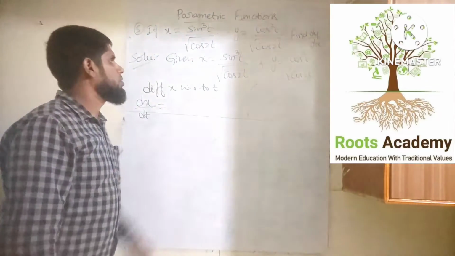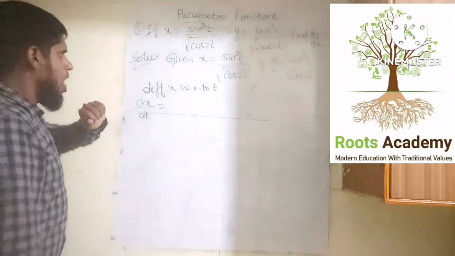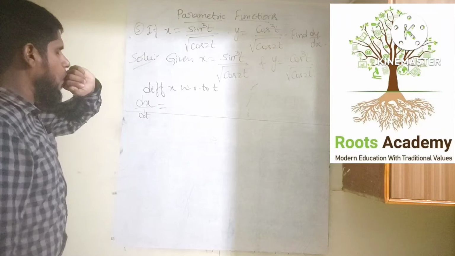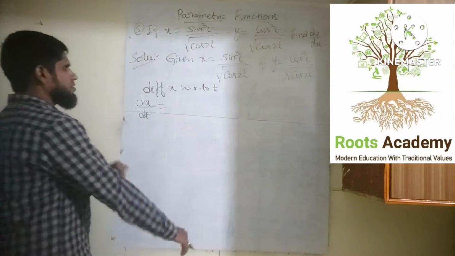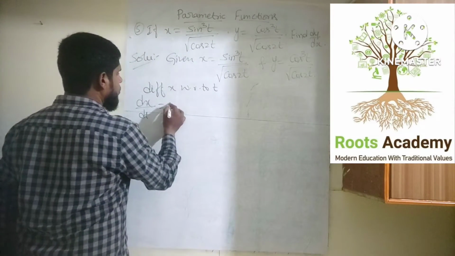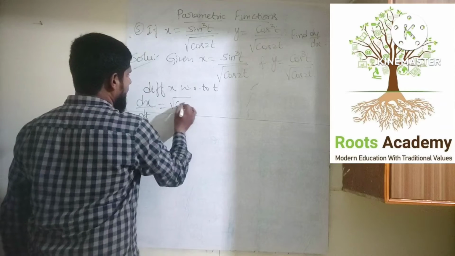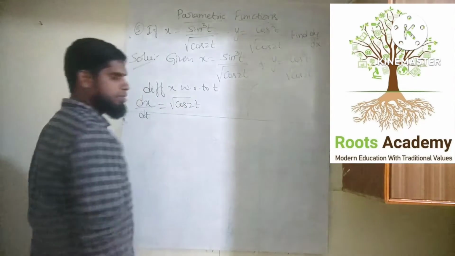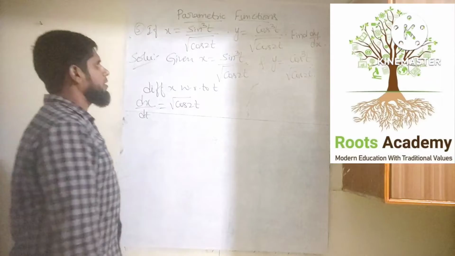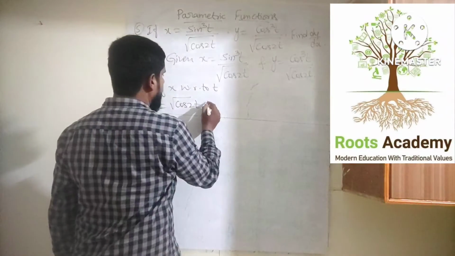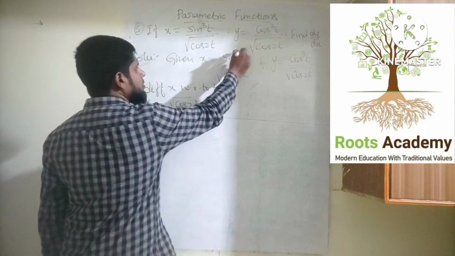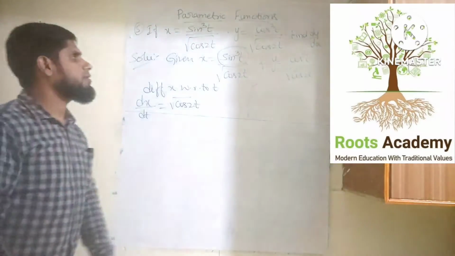quotient rule. Root cos 2t as it is, the denominator. Then the derivative of the numerator. What is the derivative of this sine cube t?